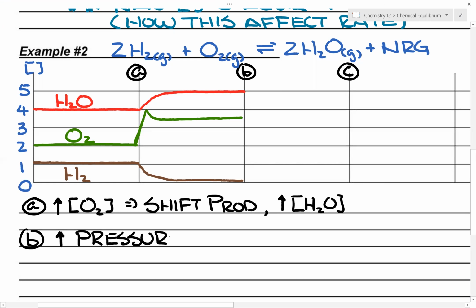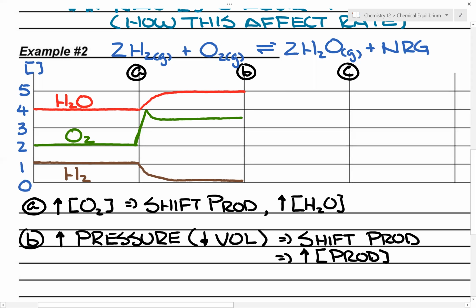Now, you remember increasing the pressure or decreasing the volume favors the side with fewer particles. So again, what will happen here is we will shift to the products, okay? And what we get is an increased concentration of products.